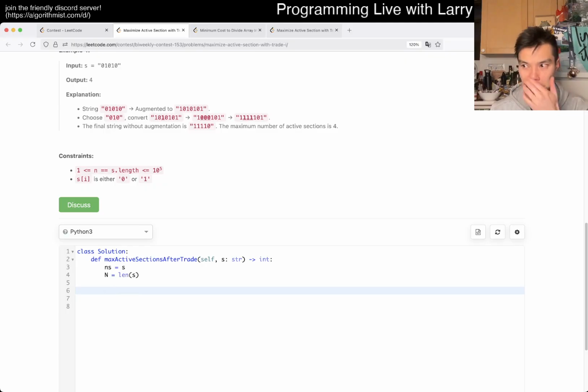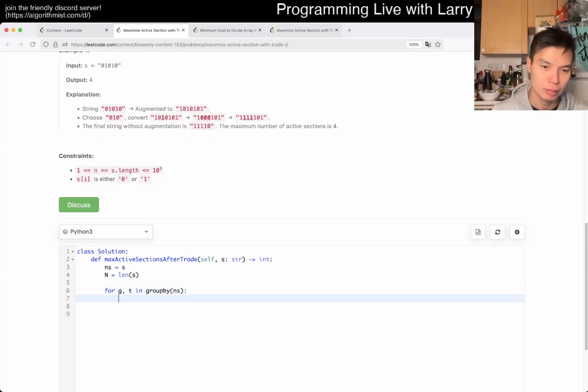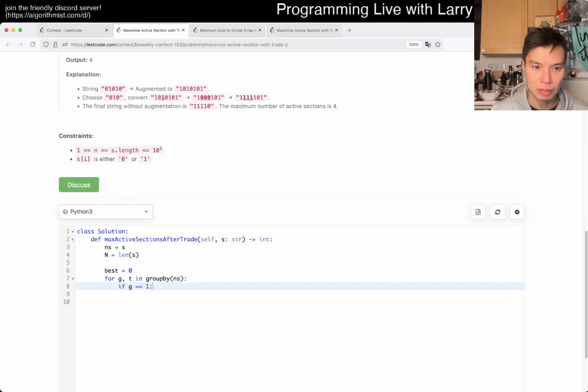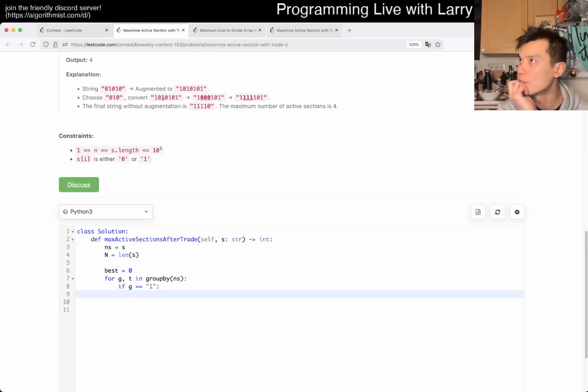Okay. So best is equal to 0, right? So if g is equal to 1, we want to convert it to a 0, and it's a string version of 1, right? If they're multiple, what do we do?